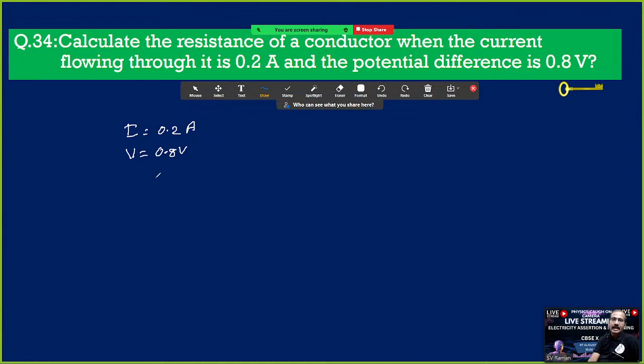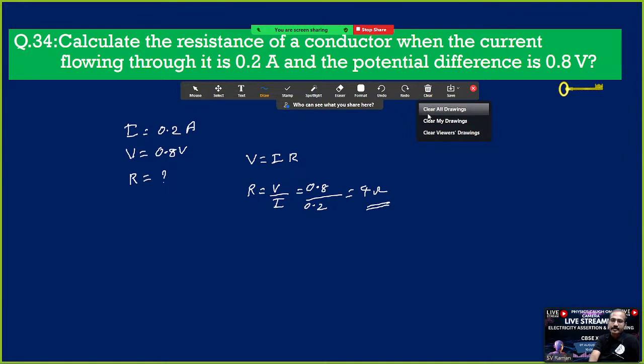Now they're asking about resistance, R is equal to how much? As you know, V is equal to I into R, so R is equal to V by I. V value 0.8 by 0.2, exactly 4 ohms is the answer. Hope it's clear.